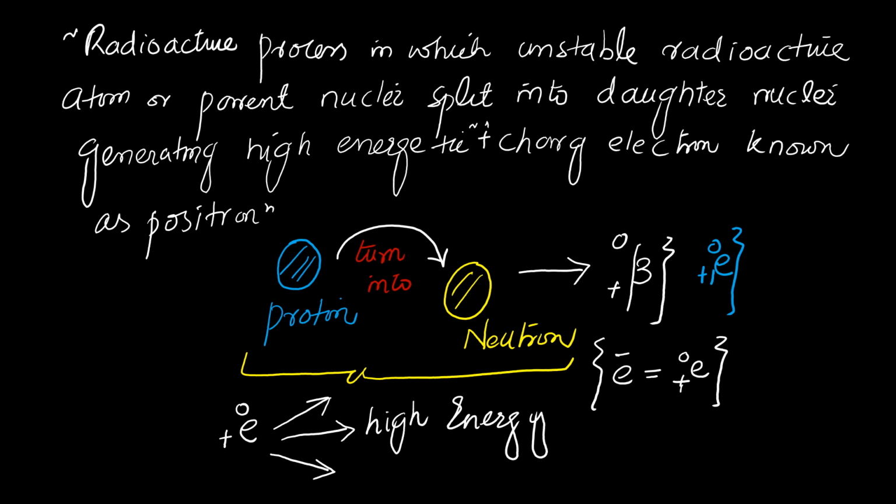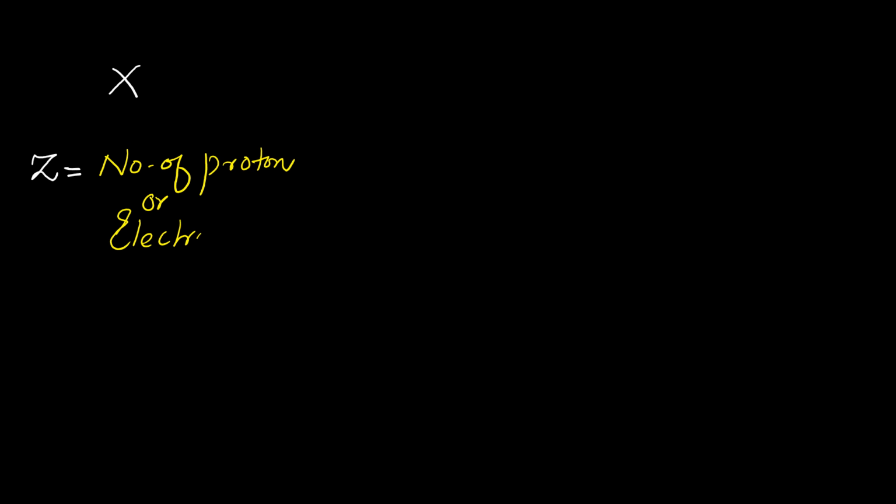So now, dear student, let us write a chemical reaction for positron decay. In positron decay, consider we have an element X. You know that every atom has an atomic number, which represents the number of protons or electrons in an atom.